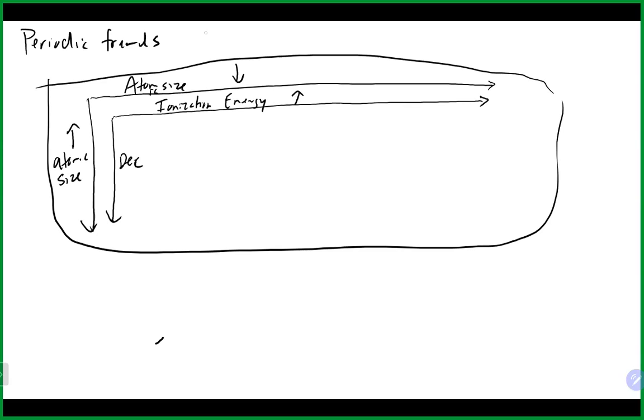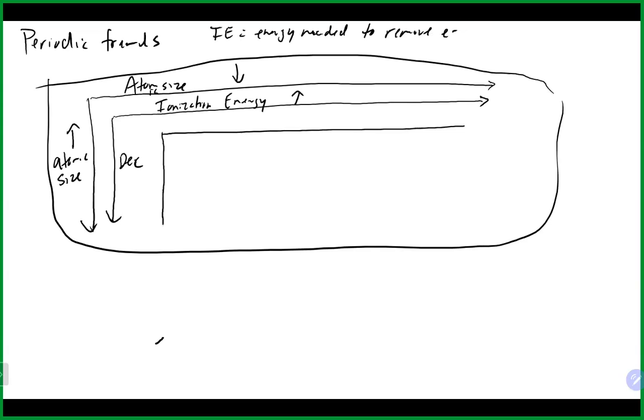A reminder that ionization energy is the energy needed to remove an electron from an atom. We also talked about electron affinity.